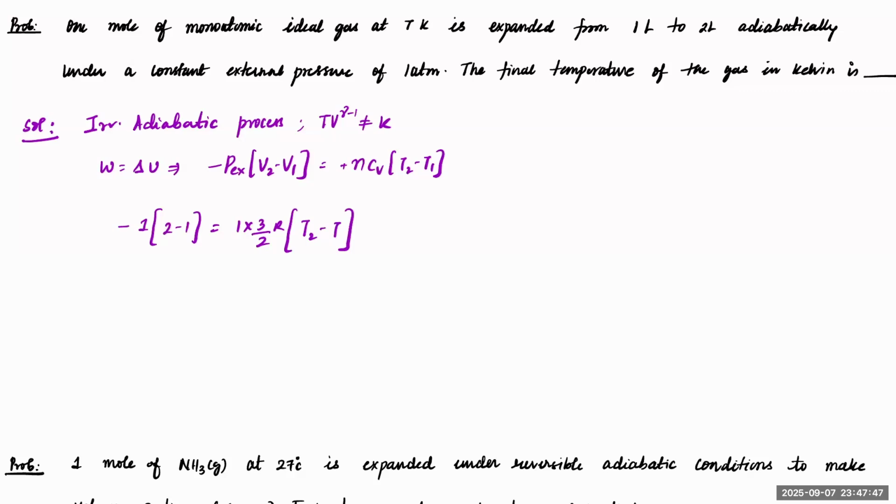So I will have T2 minus T is equal to minus 2 by 3 R. So therefore, T2 will be equal to T minus 2 by 3 R. Sorry, R is in the denominator. So this is the final equation which you will get. My mistake, it is minus. Check.